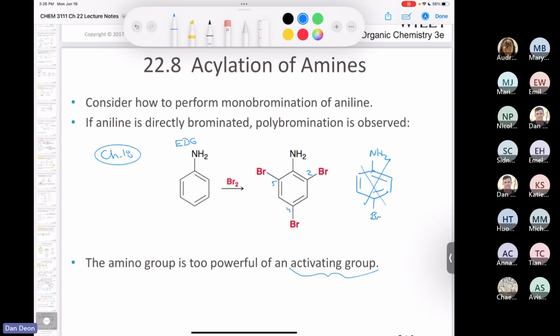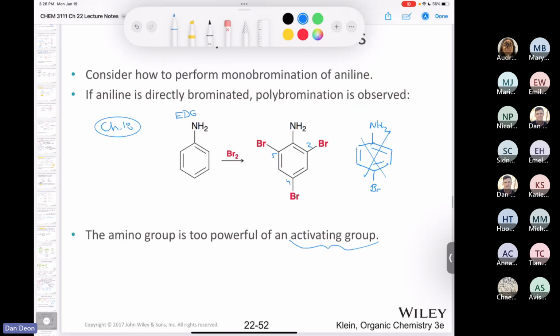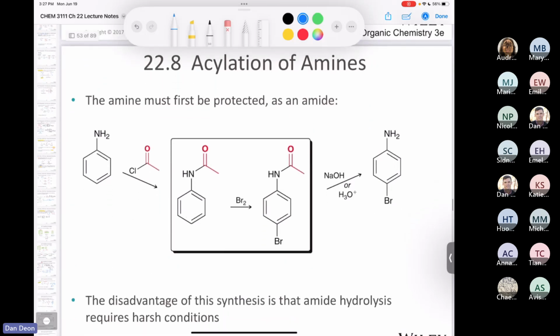So how do we mitigate the activity of the amino group? Well, the answer is we acylate it. So if you acylate it, then you have an amide. So you go from a really strong activator to a moderate activator.